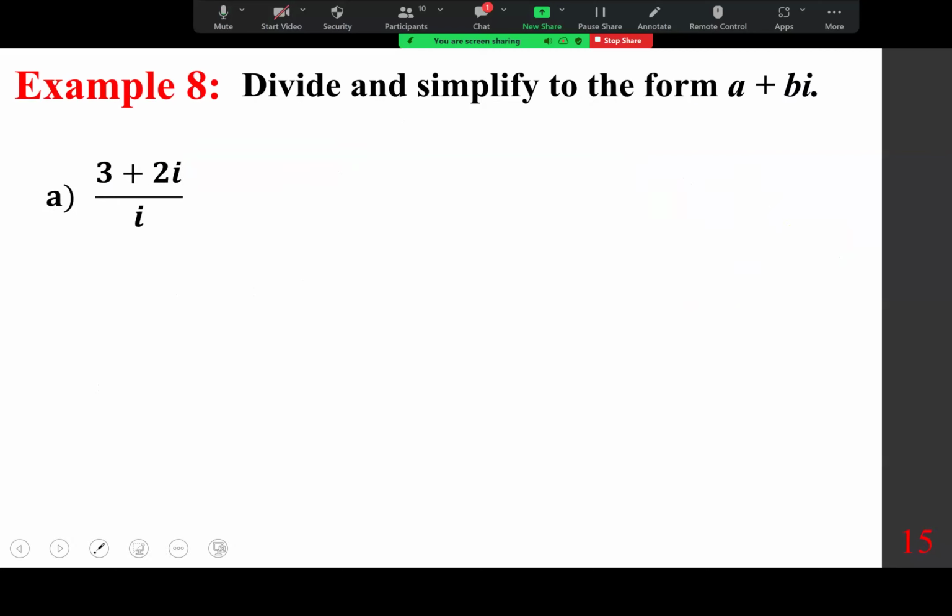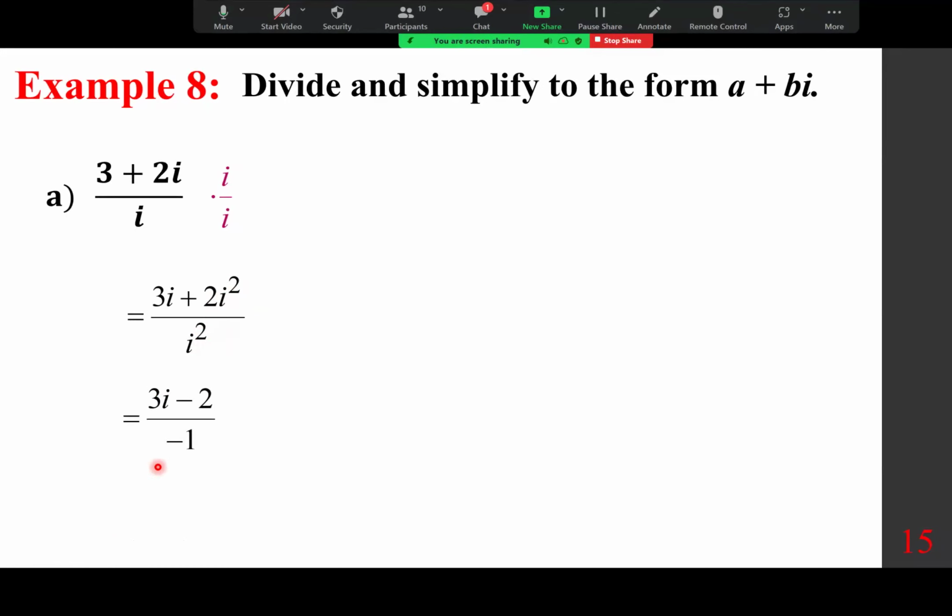All right, we are dividing, and I said whenever the denominator is just i or multiples of i, multiply and divide by i. When you do that, clearly the bottom becomes i squared, and the top becomes 3i plus 2i squared. 2i squared means negative 2, i squared means negative 1.